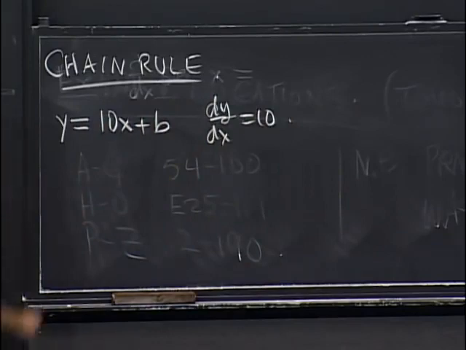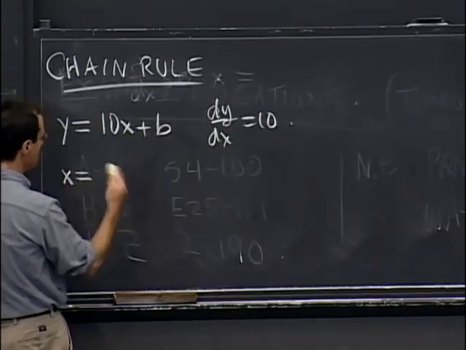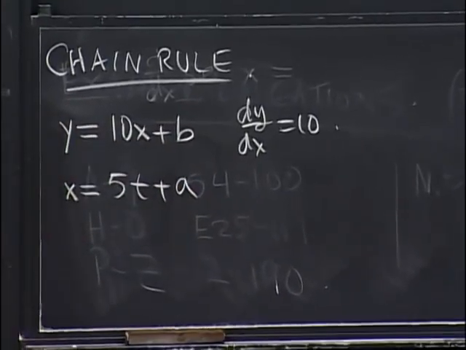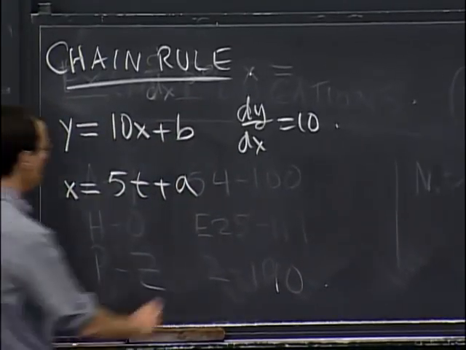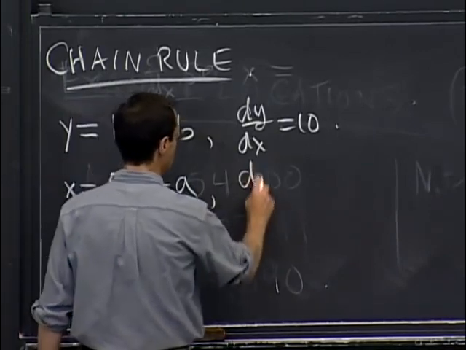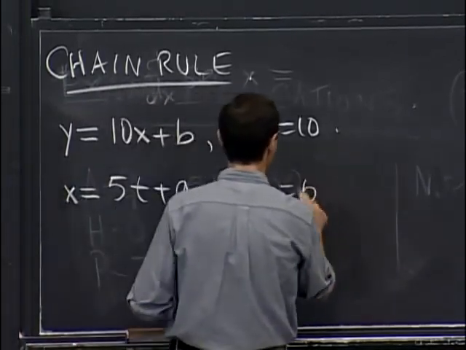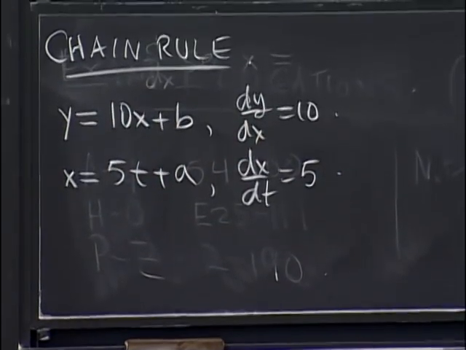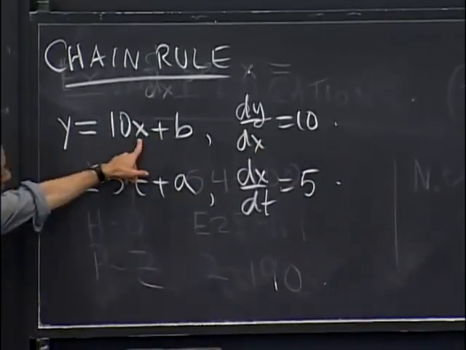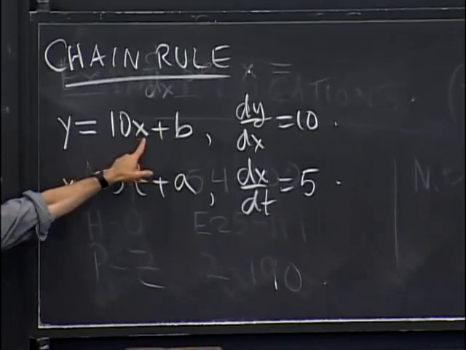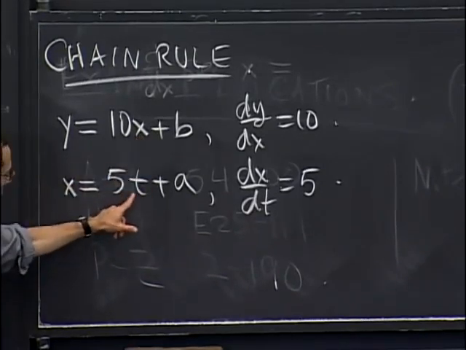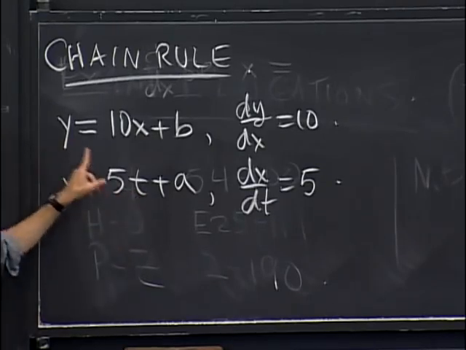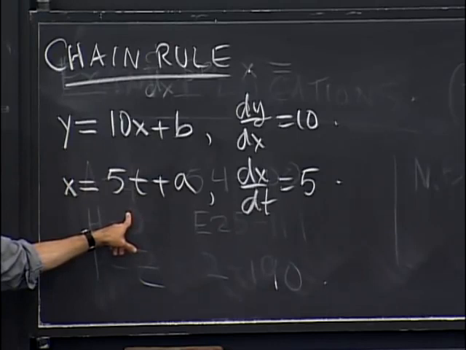And now if x is a function of something else, say t, shifted by some other constant here, then dx/dt is 5. Now all the chain rule is saying is that if y is going 10 times as fast as x, and x is going 5 times as fast as t, then y is going 50 times as fast as t.